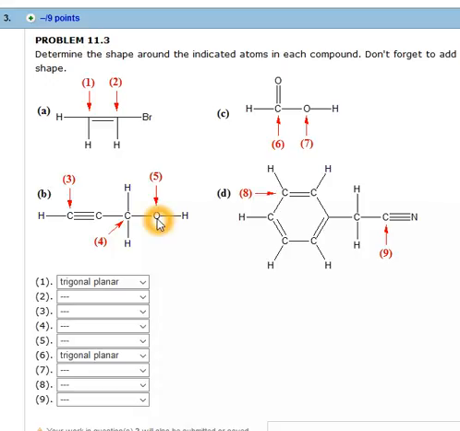So now if you go to Table 11.1, you'll see that in that column there's 3 choices for 4 groups of electrons, and you're going to want to select the bottom row, where the 4 groups have 2 lone pairs of electrons and then 2 atoms attached.